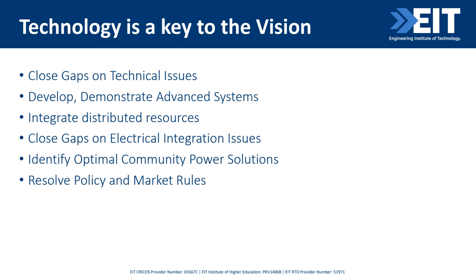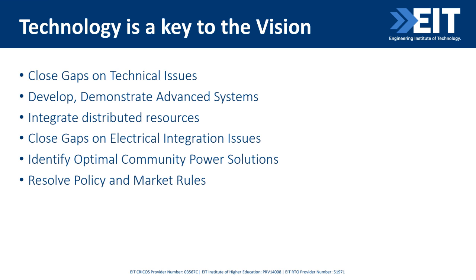I can't see why 100 houses in a suburb can't have their own power supply, one community power supply, which has a big battery in it, some megawatt-sized batteries rather than having kilowatts of batteries, and they are supplying the whole 100 houses in that community. And remember, policy and market rules have to be resolved too.